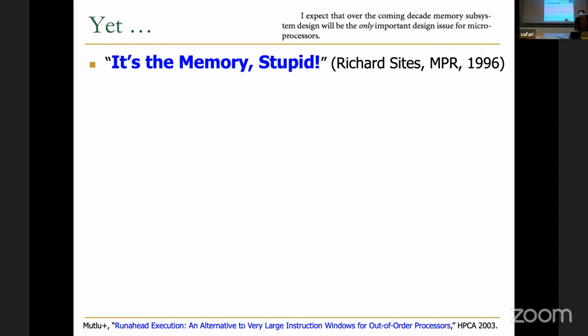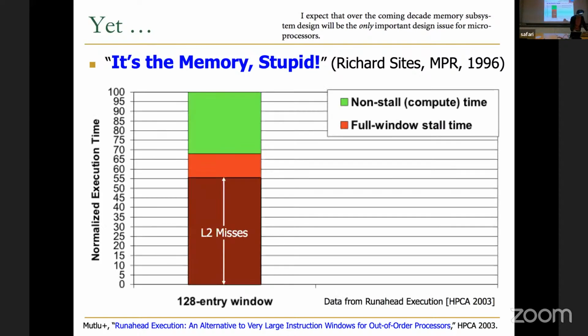And back then, Richard Sites was working with others on designing a new processor. And one thing that they realized is that all key bottlenecks in the system were coming from accessing data, right? And one thing that he could foresee back then is that the problem was only going to become even worse. And that was 1996.